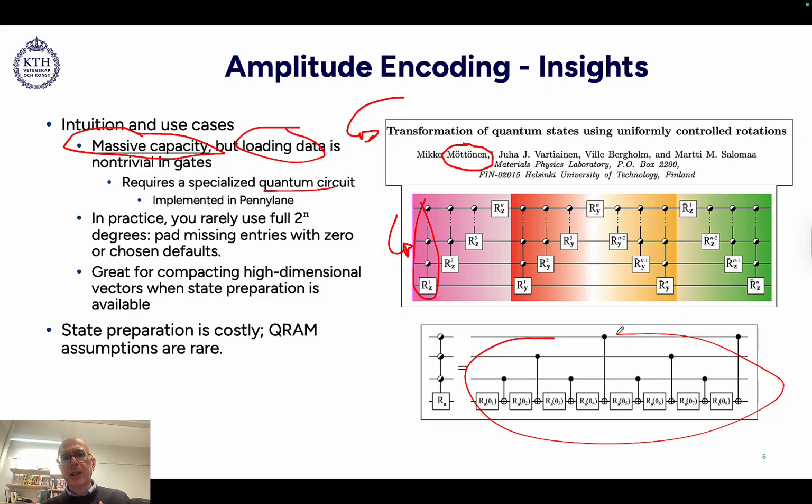As you can see, it can become quite deep. So this map is great for compacting high-dimensional vectors when state preparation is available, but the state preparation is costly. Obviously, it would be very nice to have a quantum RAM, quantum memory, so we can have the data already encoded in the amplitudes, but this is difficult to achieve. So we need to rely on some quantum circuit to prepare the amplitude encoding.